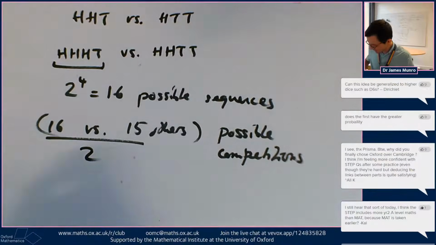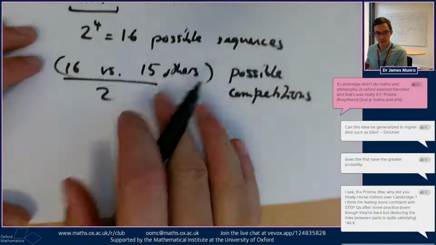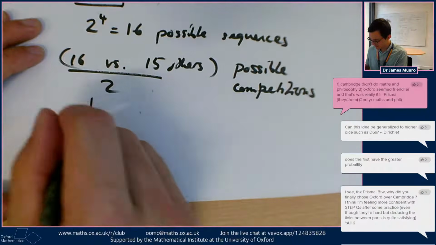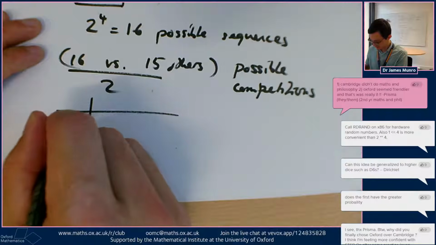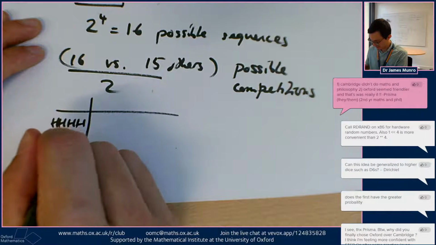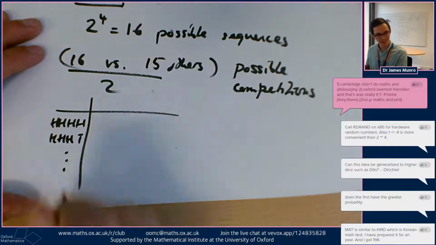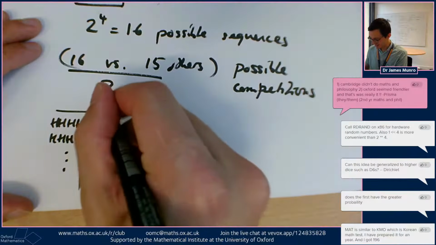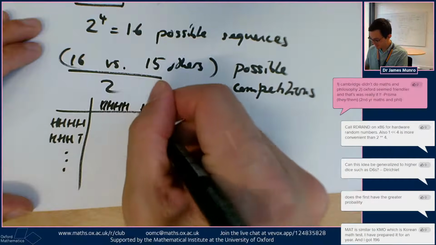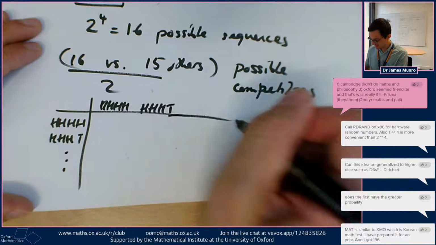Because I think you could build some sort of big table to say something like, down the left, what the first player picks, starting with heads, heads, heads, heads, then thinking about heads, heads, heads, tails, and the other options down here, and across here, what player 2 picks, heads, heads, heads, heads, heads, heads, heads, tails, or something.